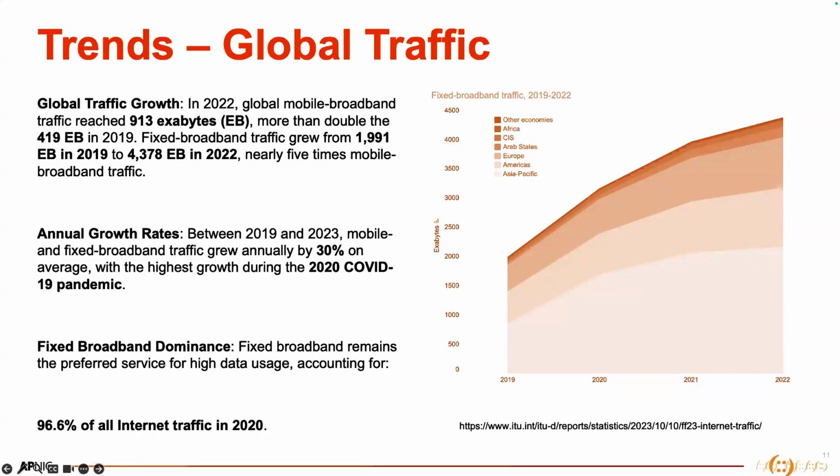If you calculate the percentage, it is around a 30% increment, and this happened within 2019 to 2022, that means 19, 20, 21, 22. So within 4 years, we can see a 30% increment of global IP traffic.